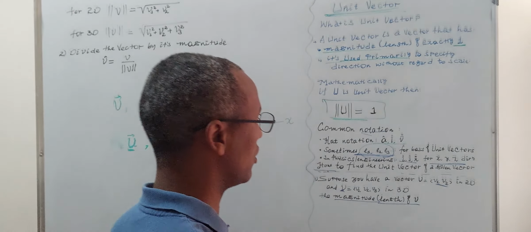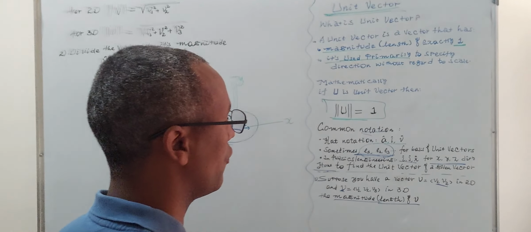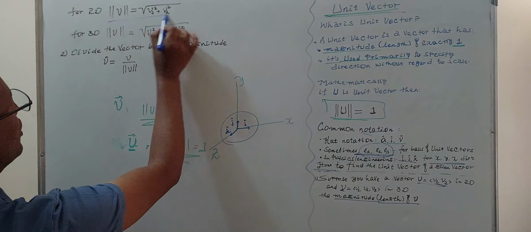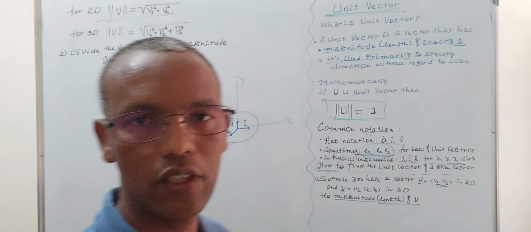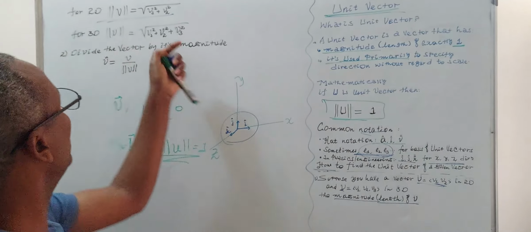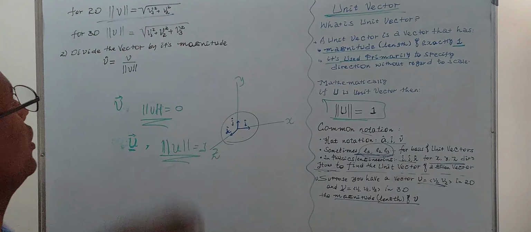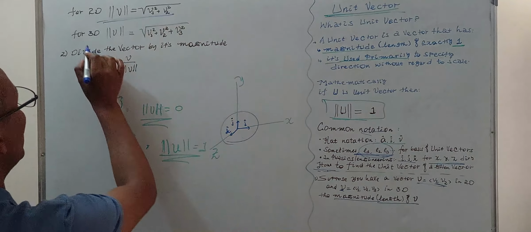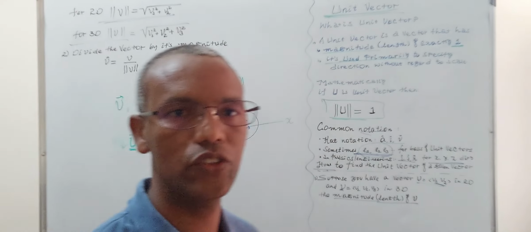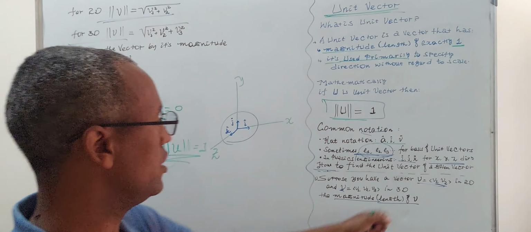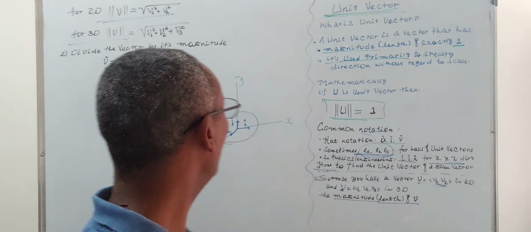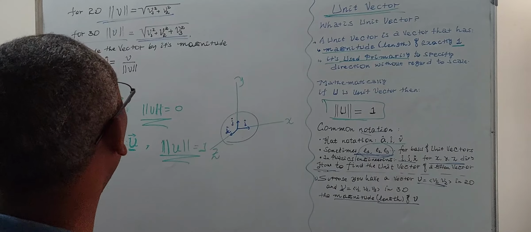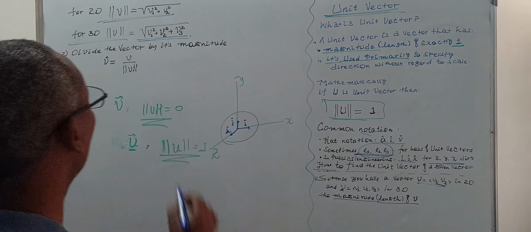So we can calculate the magnitude of a given vector v by using this formula. This is for a 2-dimensional vector. For 2D we can calculate the magnitude using this formula, as well as if a vector has 3D components like x, y, z, or i, j, k, we can calculate the magnitude of that given vector by using this formula.